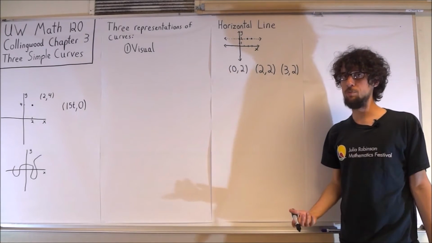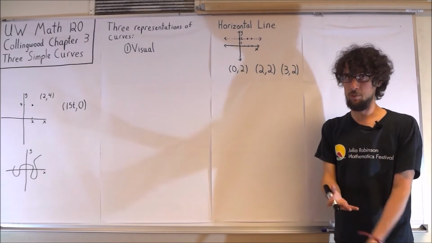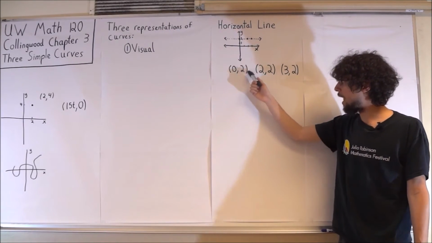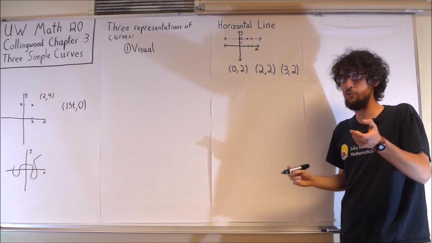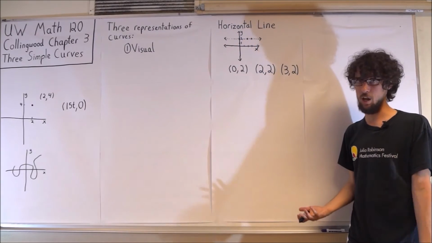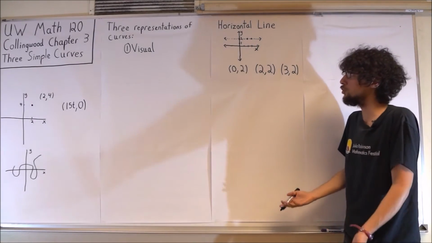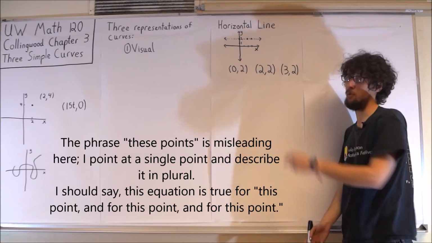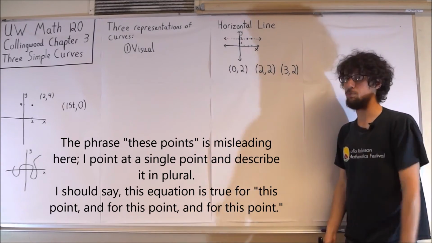So one of them should be familiar from your experience in algebra. Looking at all of these points individually, I notice that there's a particular equation that I can write down that will be true for these points, and for these points, and for these points.